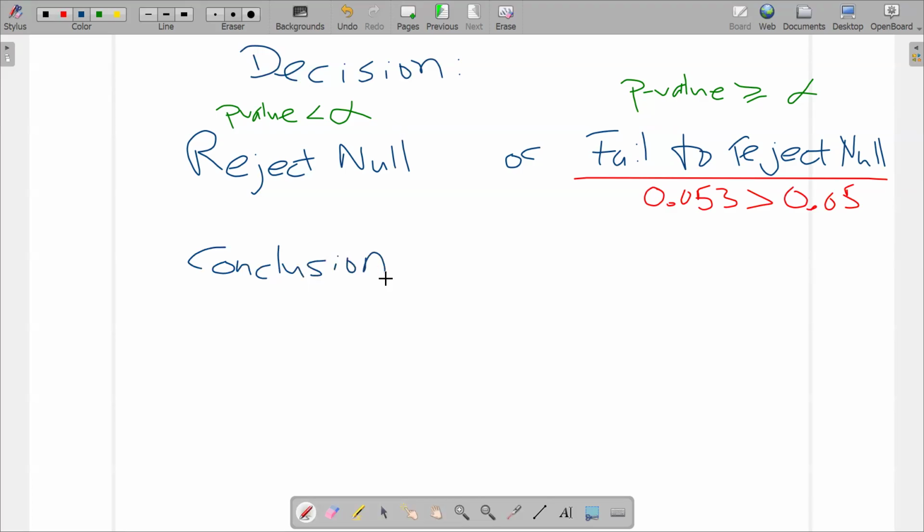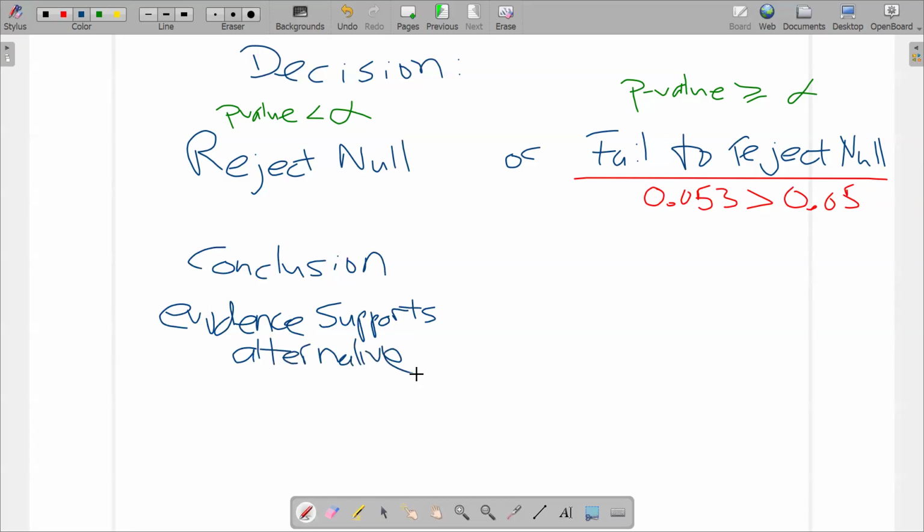And the conclusion is either if you reject the null, that means you have evidence to support the alternative. Or evidence does not support the alternative.